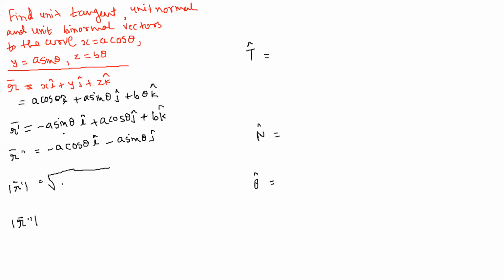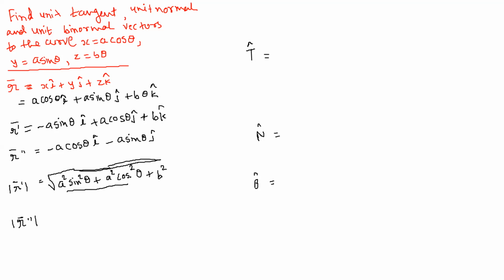Square of minus A sin theta is A square sin square theta plus square of A cos theta is A square cos square theta, plus square of b, b square. Now, A square is common here.